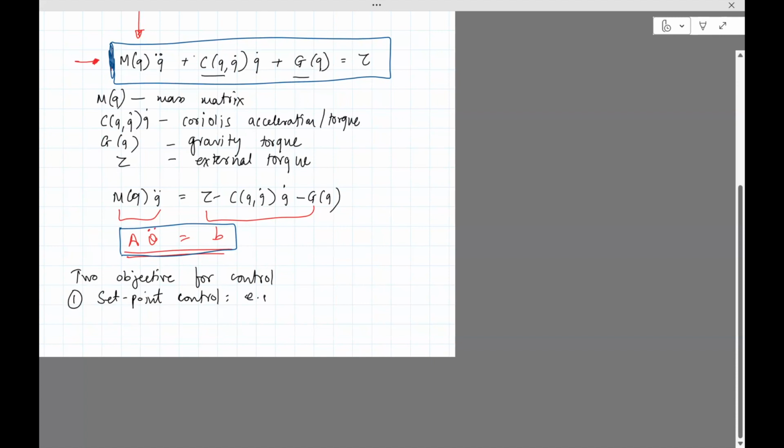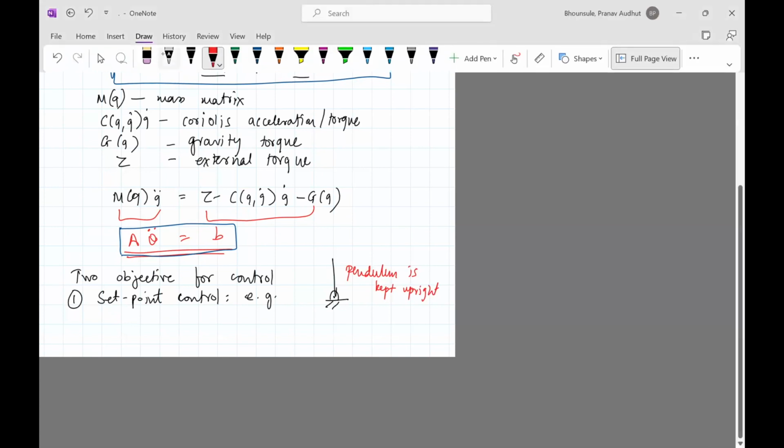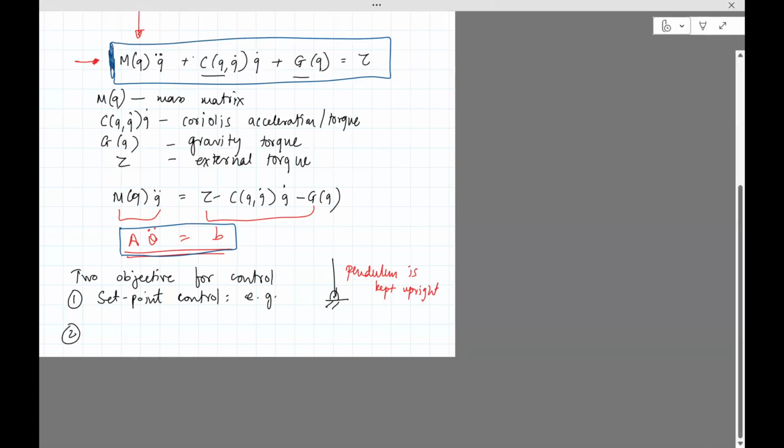So an example would be, I'll just draw a figure. Kept upright.